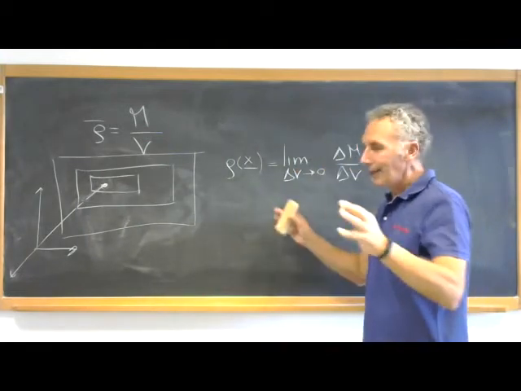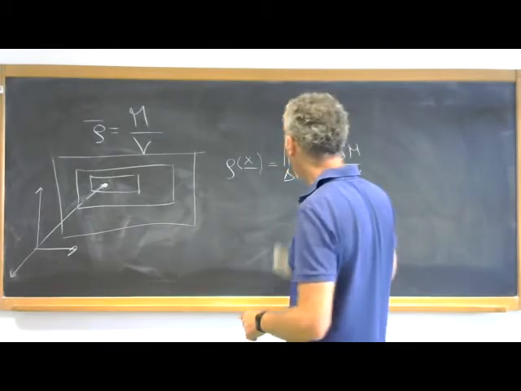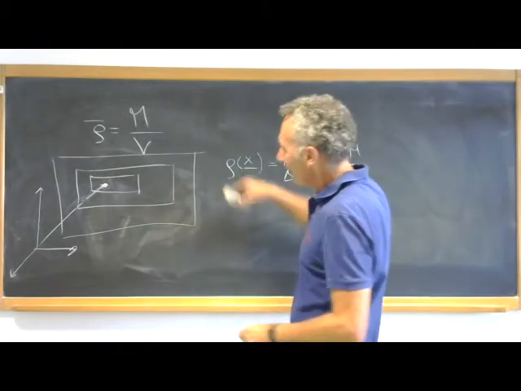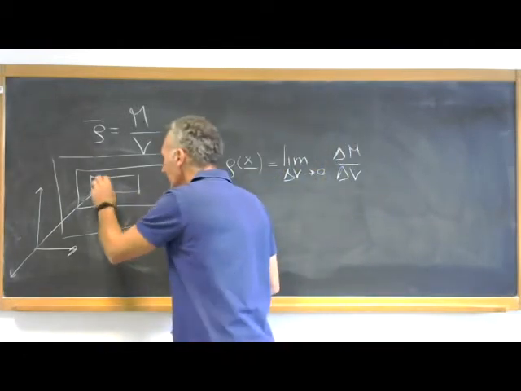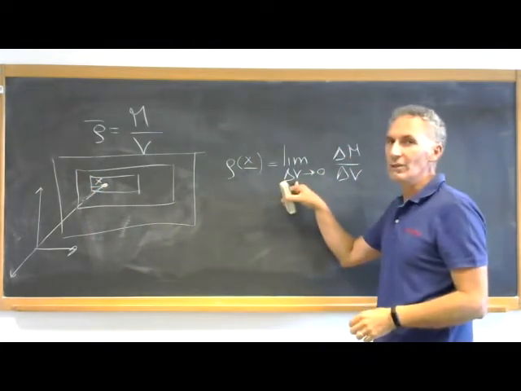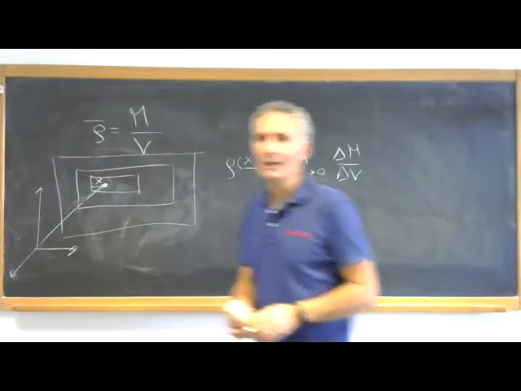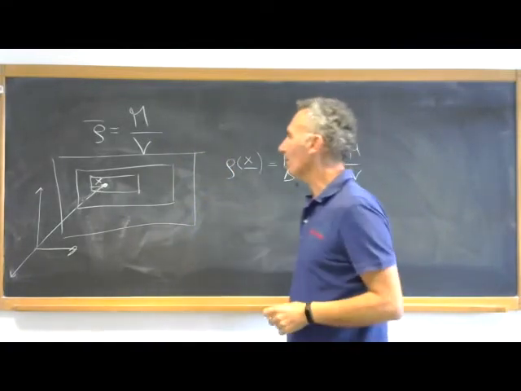Okay? And then I subsequently reduce my interest. Now, X is just this point. Okay? So I really have to shrink this volume to 0. And of course, I cannot sketch this concept on the blackboard. I can only approximate it.